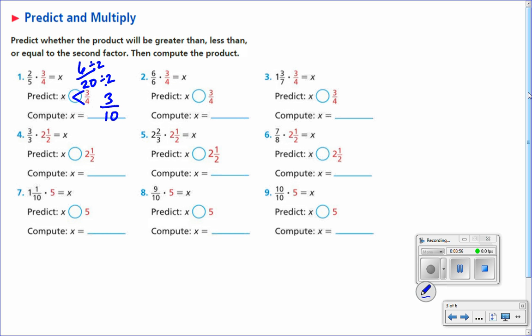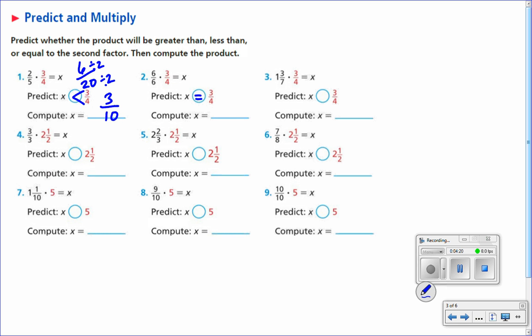So let's look at 6/6 of 3/4. What is that going to equal? Greater than, less than, or equal to? Equal to. Why do you think it's equal to? You're talking about one whole.